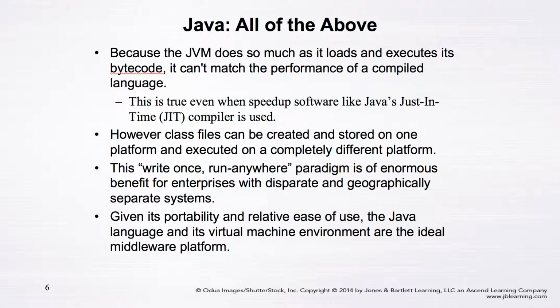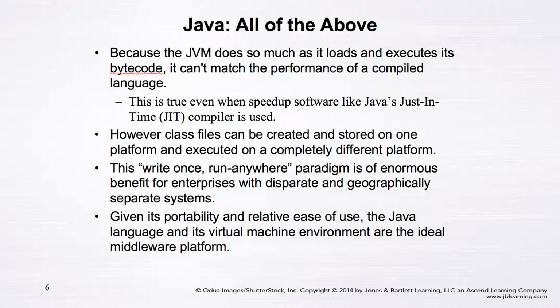Because the Java Virtual Machine does so much as it loads and executes bytecode, the performance cannot match the compiled language. This is true even when speed-up software like Java just-in-time compilers is used to improve the performance of the JVM.